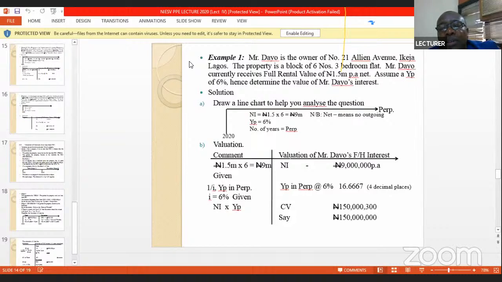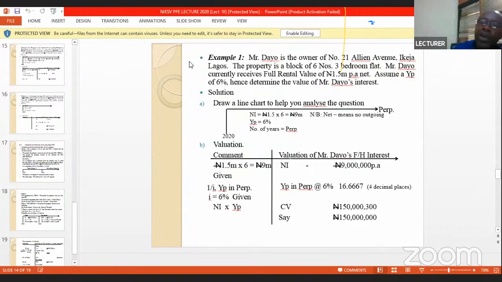Number of years, we were not given a number of years, rather the rent will run in perpetuity. We have all the information we need. The net income is there, 9 million naira. The YP is there, 6%. And we have the number of years, which is perpetuity.